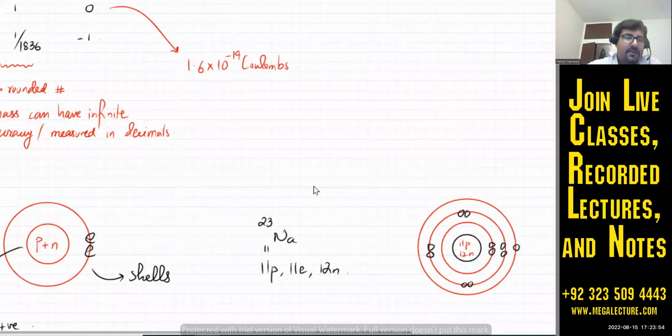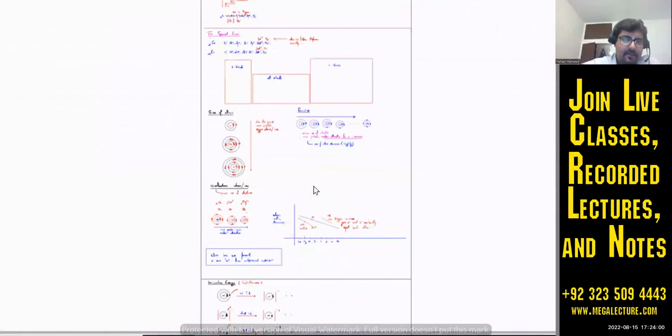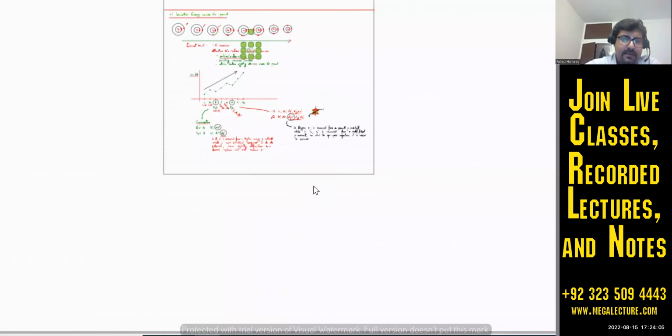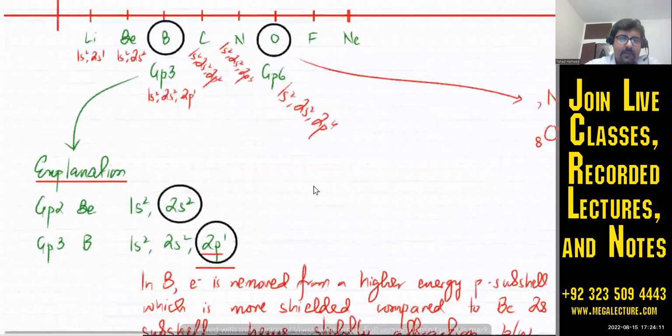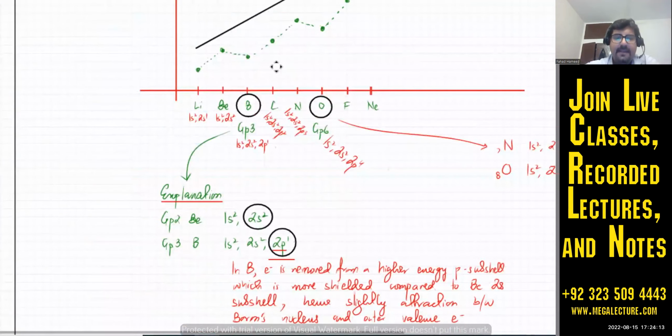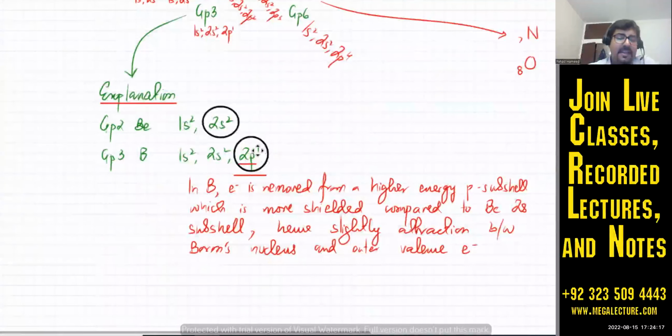The reason for the dip was: why is there a dip at group 3? Because all of a sudden you start removing electrons from a subshell that's slightly further away.